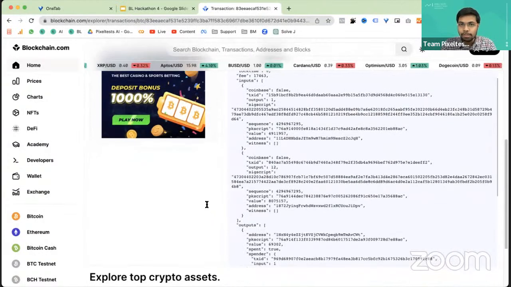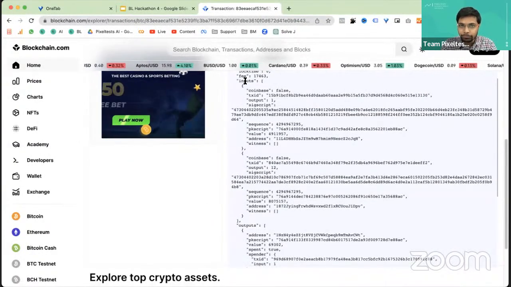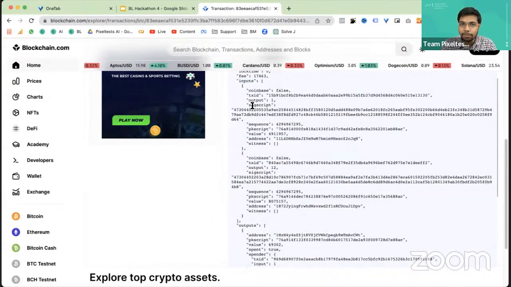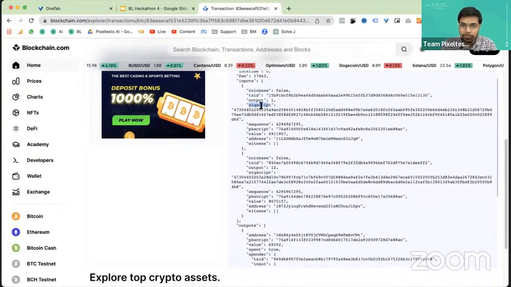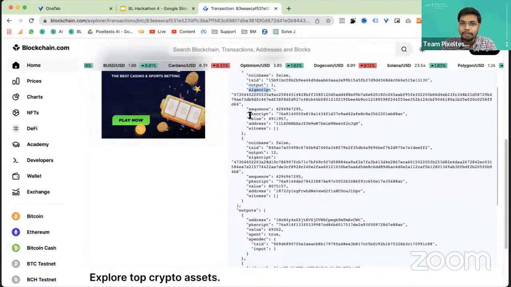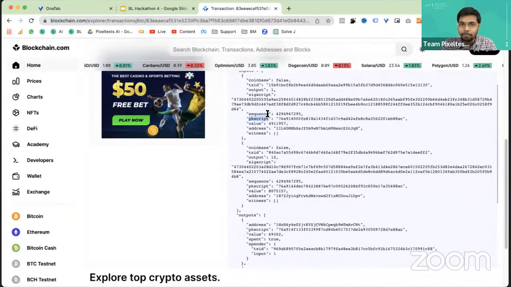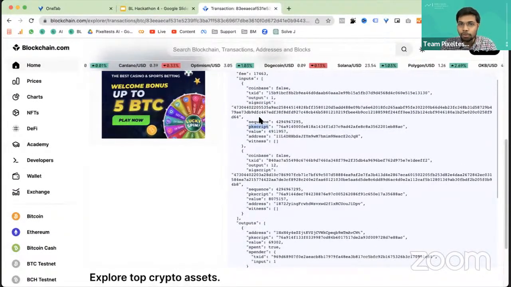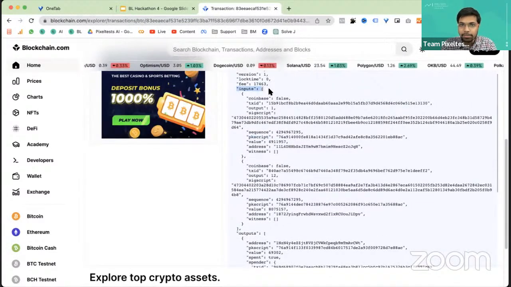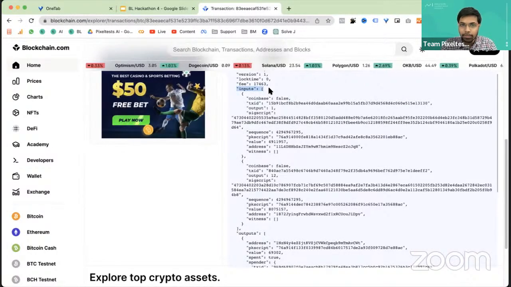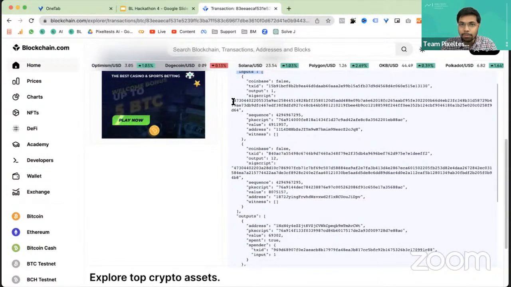So now if you see here in inputs, there is something called the SIG script, which is nothing but the signing script. And there is also something called the PK script. We'll try to understand more about these here, right? And this is where it is mentioned as input, right? And the SIG script also is there.